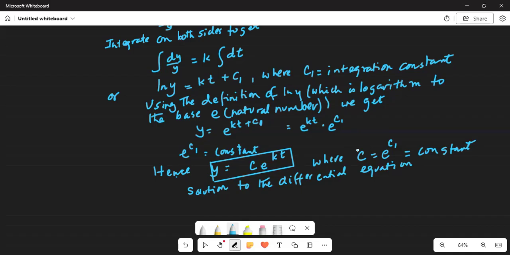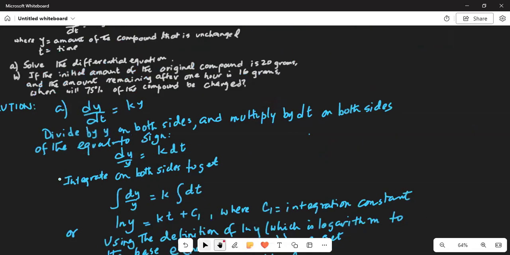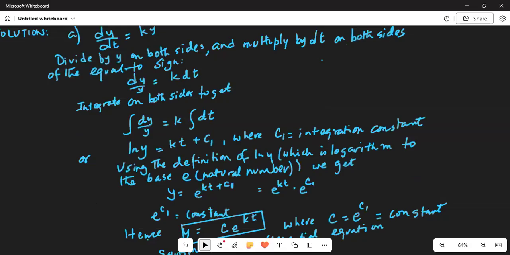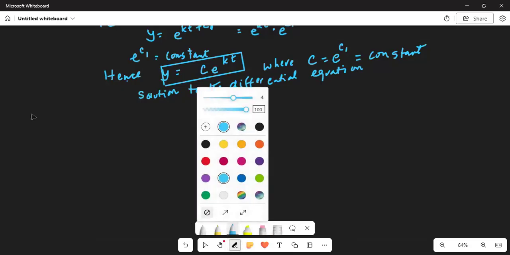Okay. So now for part B, let me create some space, and we will use the information given to us. The initial amount of the original compound is 20 grams, and the amount remaining after 1 hour is 16 grams. So let me change the color of my ink.